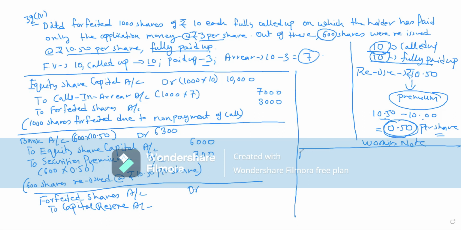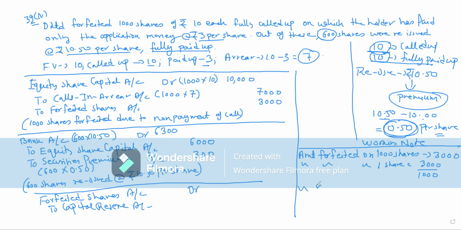First, amount forfeited on how many shares? 1000 shares. What is your amount forfeited on 1000 shares? 3000. On forfeiting 1000 shares you got 3000. Then amount forfeited on 1 share will be how much? 3000 divided by 1000.